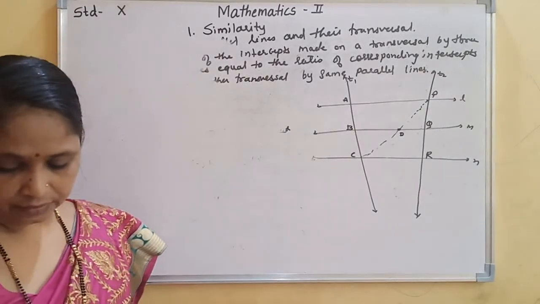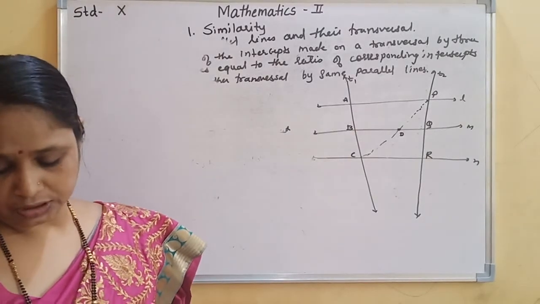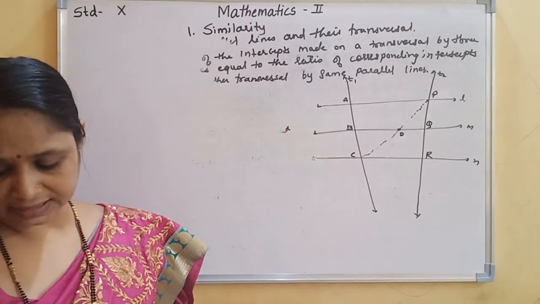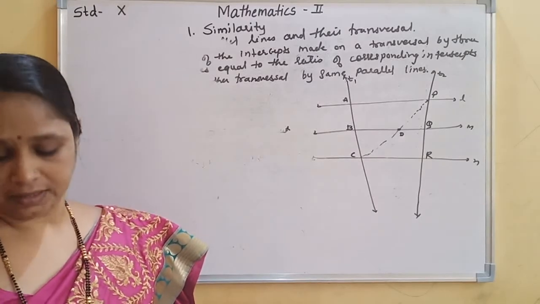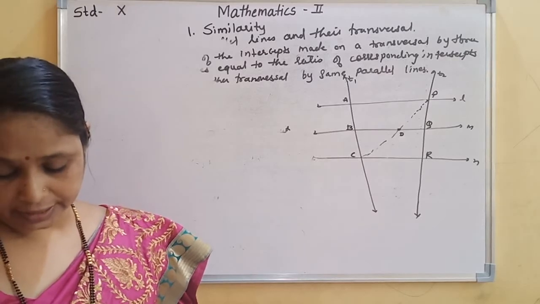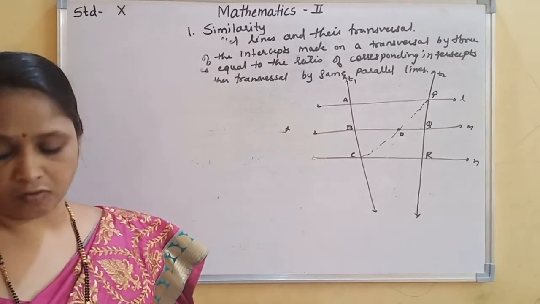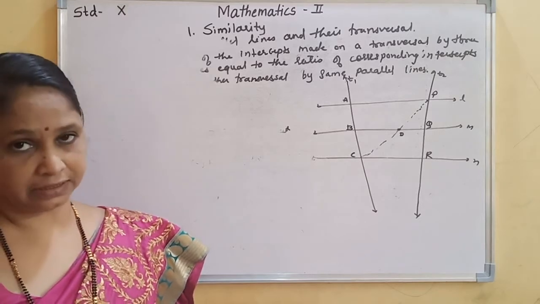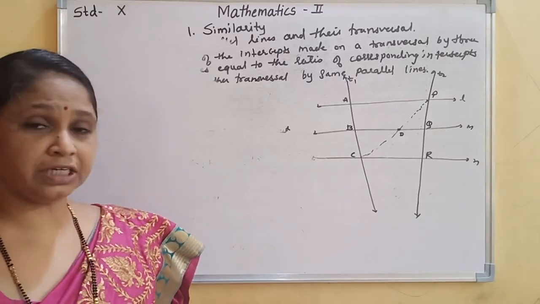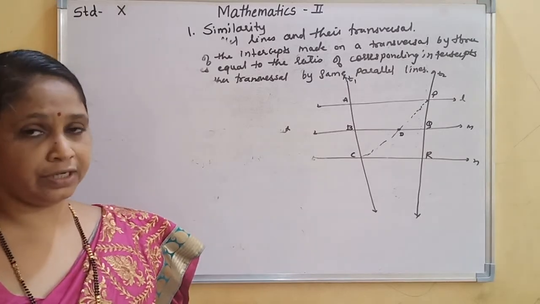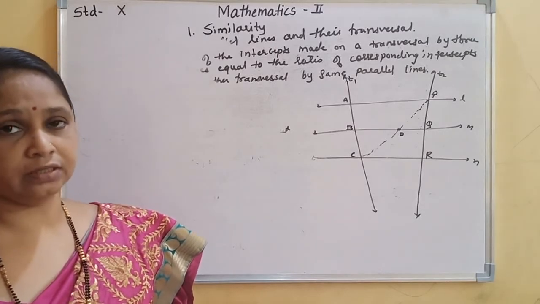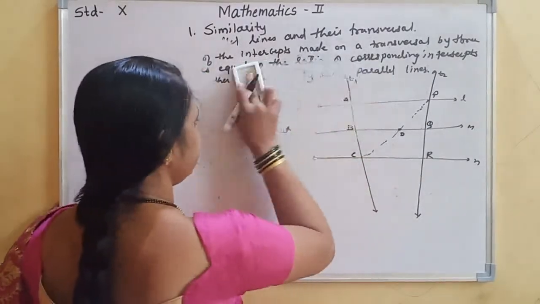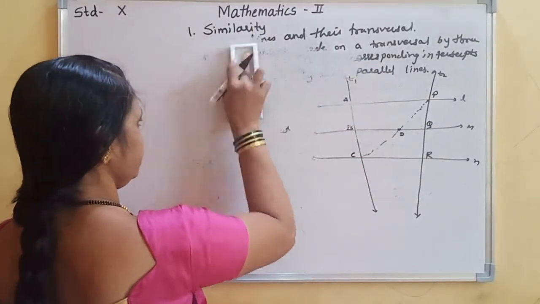Given below are some triangles and the lengths of the line segments. Identify in which figure ray PM is the bisector of angle QPR. When will it be the bisector? When the ratio of its corresponding sides is equal, we can say that it is an angle bisector.